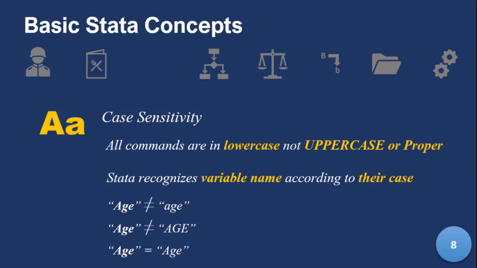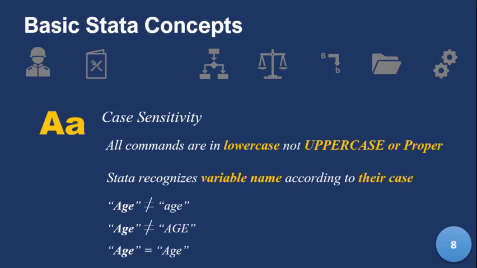Now variable names are interesting. They can come as uppercase, lowercase, or proper case. By proper case, I mean the first letter is capitalized and all the other ones are lowercase.